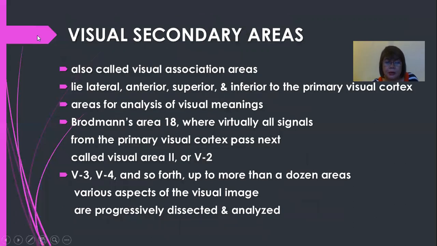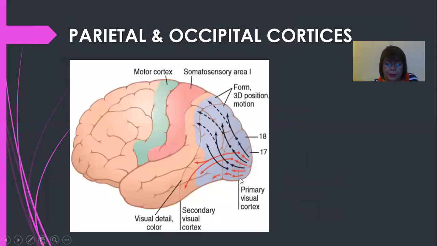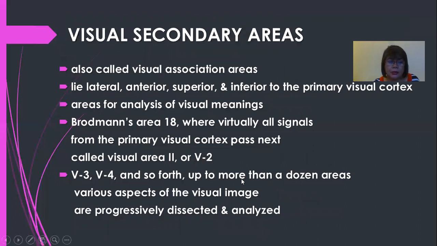From the primary cortex, signals are now sent to secondary visual areas, which will interpret what was seen in the primary visual cortex. The secondary visual areas, also called visual association areas, lie lateral, anterior, superior, and inferior to the primary visual cortex.